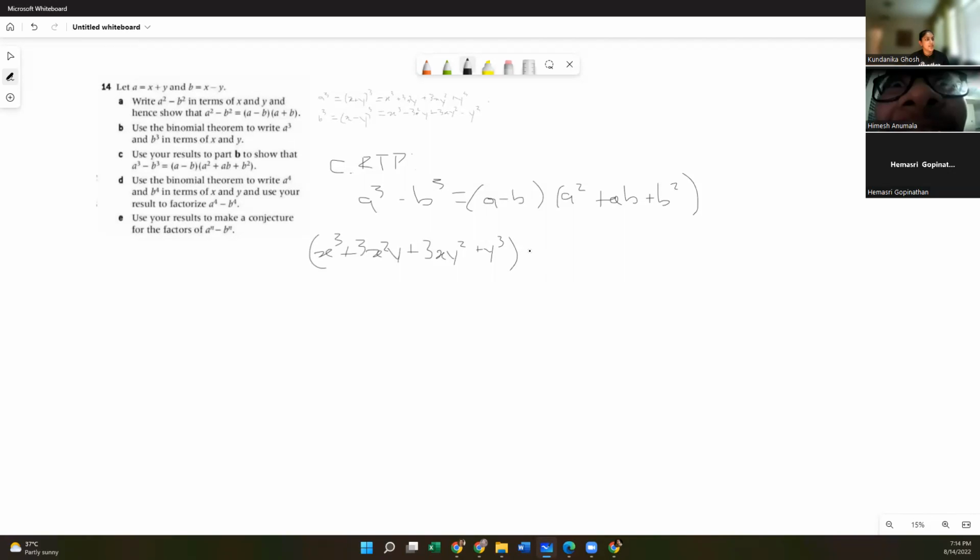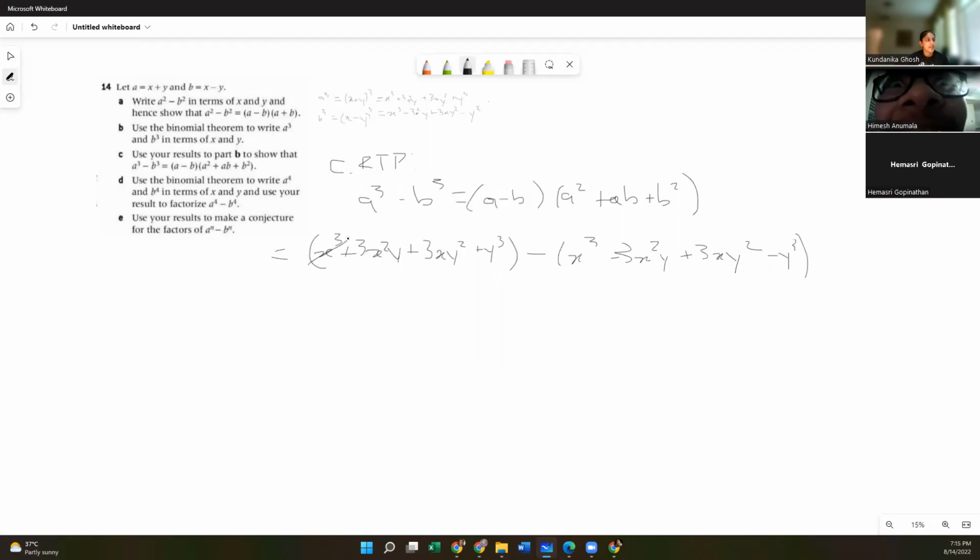And then we subtract from that x cubed minus 3x squared y plus 3xy squared minus y cubed. We all understand how we got there? Great.